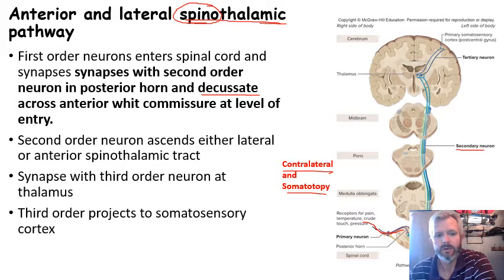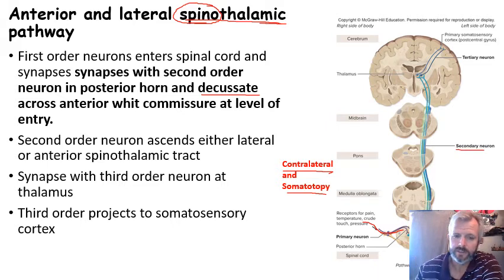The second order neuron is actually going to decussate, cross over, and then that information is going to travel up, depending on whether it's pain or crude touch and pressure. Crude touch and pressure is going to go through the anterior, where the pain is going to go through the lateral, but it's going to travel through those pathways all the way up to the thalamus.